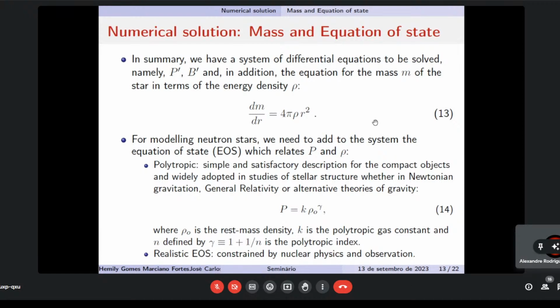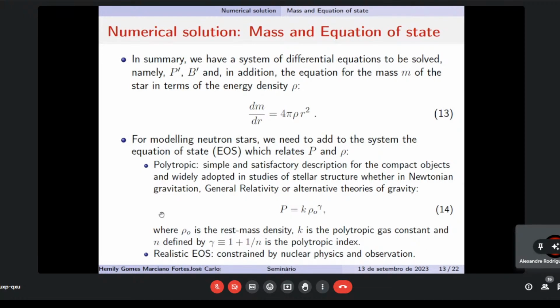It's a simple and good description for the compact object, and you can use it to compare some alternative theories of gravity. This kind of equation of state is given by this equation 14, where ρ_0 is the rest mass density, K is the polytropic gas constant, and N is the polytropic index.